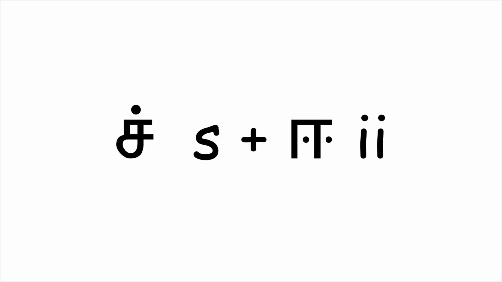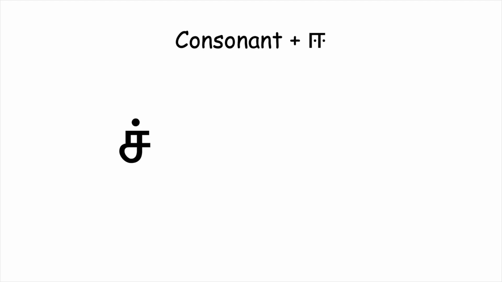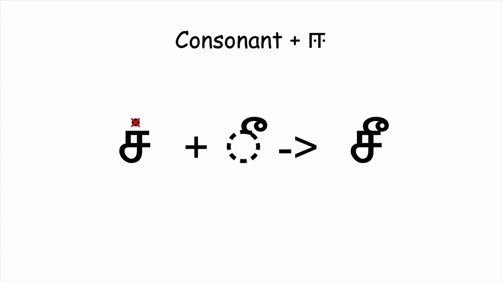This is the letter c. It's formed from uch plus e. The pattern which applies to the consonant plus e combinations is to get rid of the dot and add this pattern here. So when we apply this to uch, we get c.